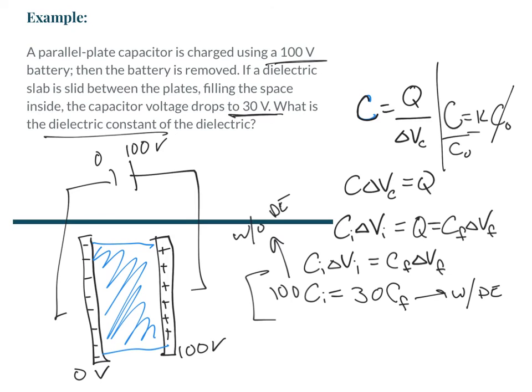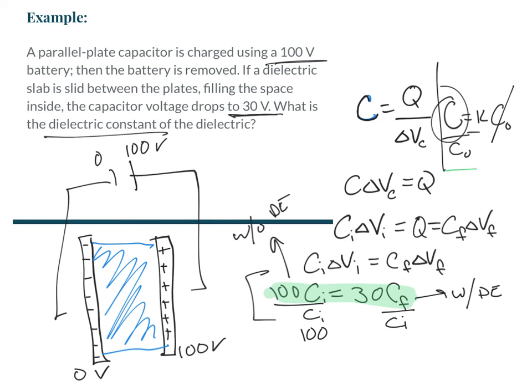Now, if we rearrange this equation down here, we can get to something like that. Let's see how to get there. We have to put the capacitance with the dielectric on top. So that's CF. We have to divide that by CI, the capacitance without it. So we'll divide both sides by CI.